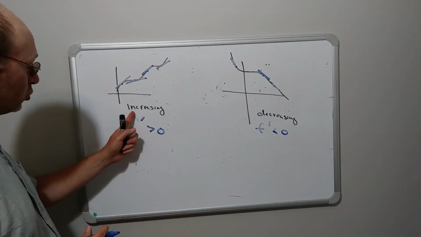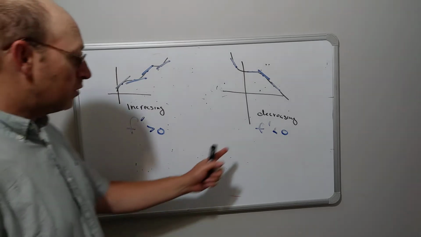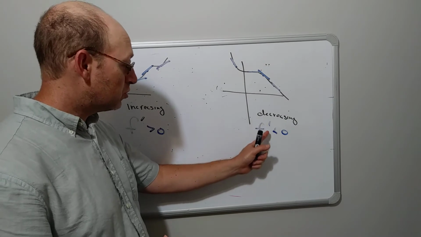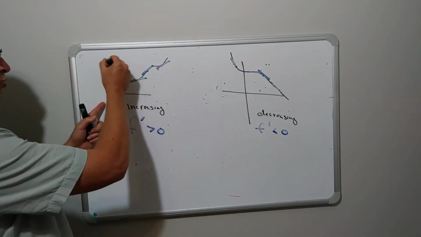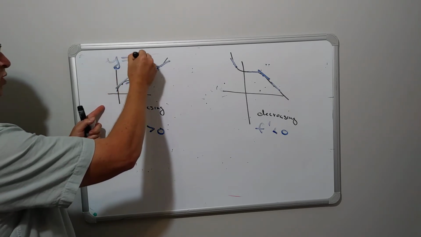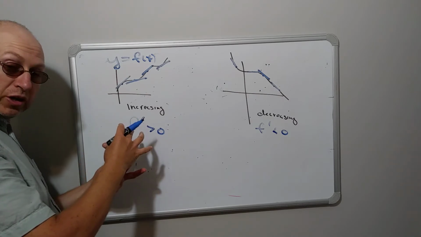So if a function increases, its derivative is positive. If a function decreases, its derivative is negative. The graph shown here is the original function f of x, and f prime is not shown.